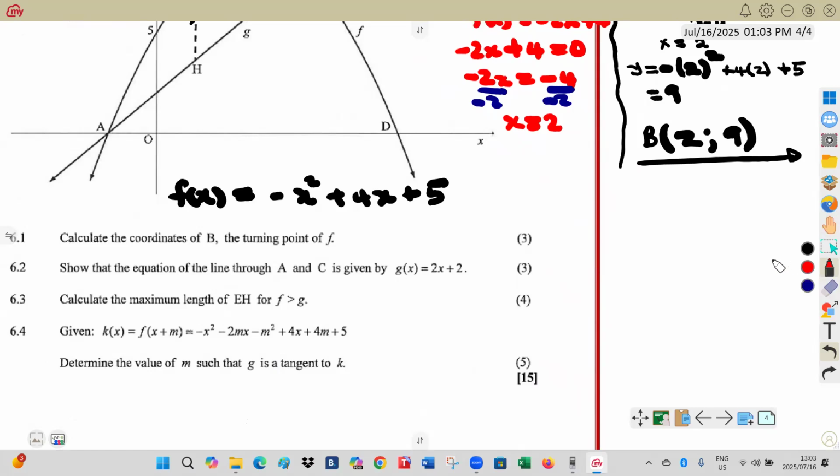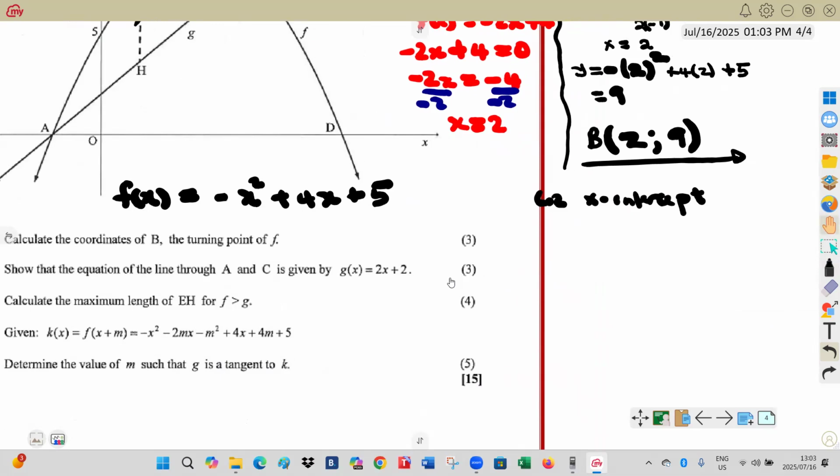So we are going to answer that one, 6.2. We want the x-intercept. So we have to take note.